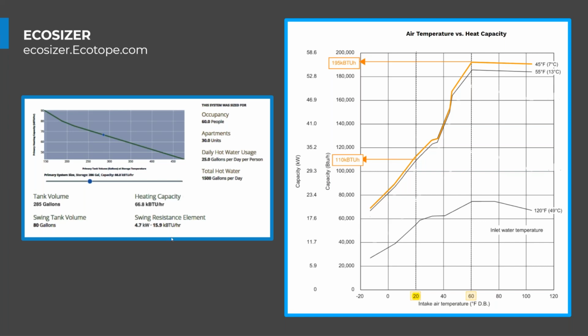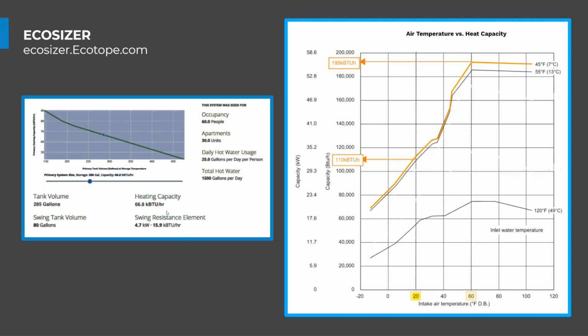So after we get that, we need our 66 or 67 kBtu per hour of heat capacity, we want to select a heat pump based on the design air temperature. So in Seattle, we might be using 20 degrees Fahrenheit. And we know that when 45-degree water is coming in, there's our inlet water temperature. At 20 degrees Fahrenheit, we're going to get 110 kBtu out of this Mitsubishi QAHV heat pump water heater.